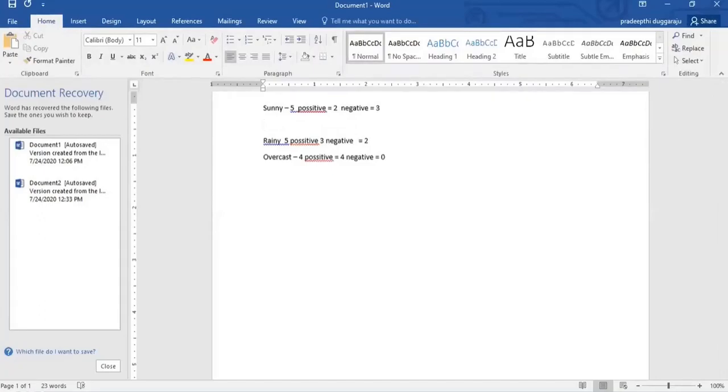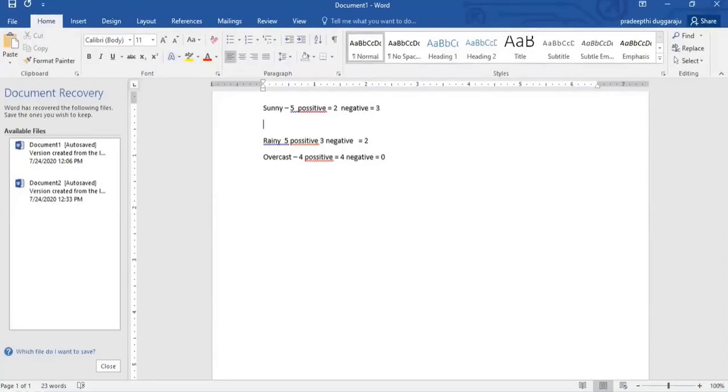Now can we calculate the entropy for this? What is the entropy formula? Can someone tell me the entropy of sunny? Just tell me the formula, with the substitutions.